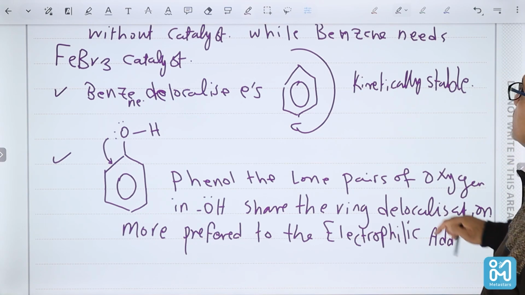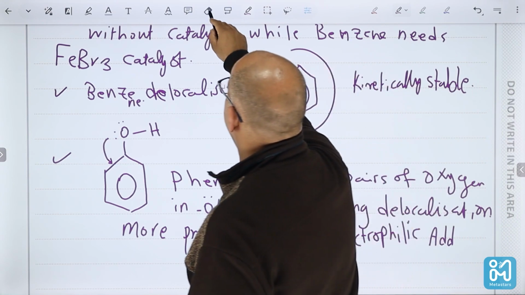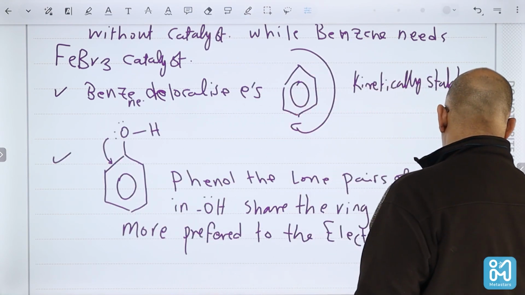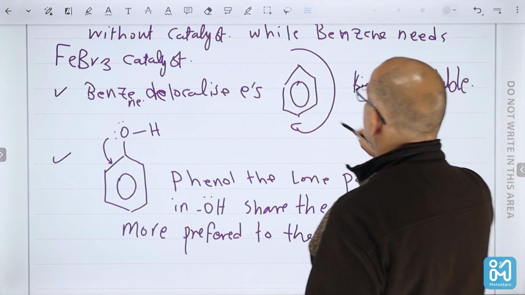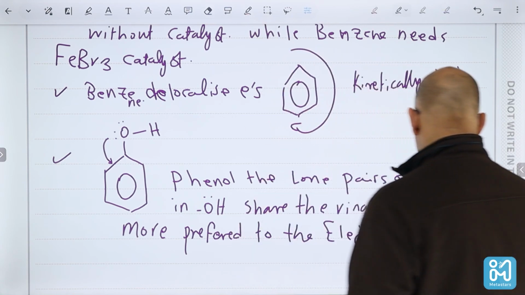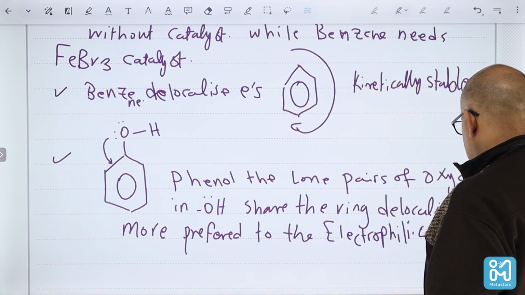Not electrophilic addition. In benzene, it is electrophilic substitution. We can write it as electrophilic attack.